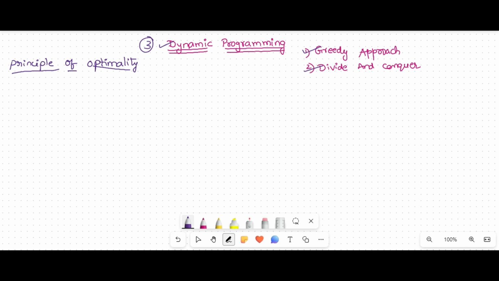Mainly, dynamic programming depends on one principle that is called the principle of optimality. So what is this principle of optimality? To solve a problem by using dynamic programming, we will make a sequence of decisions.